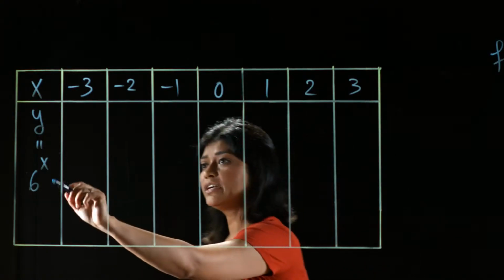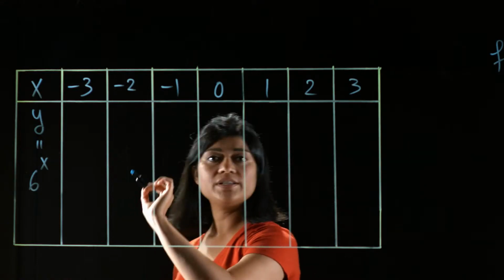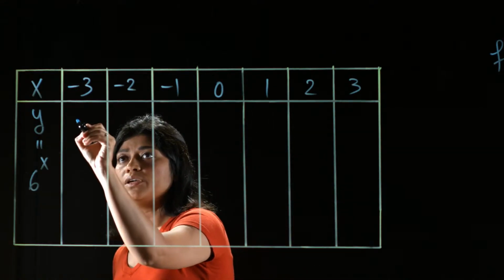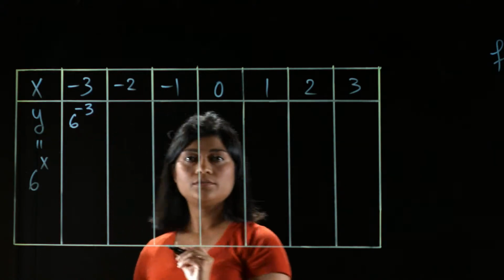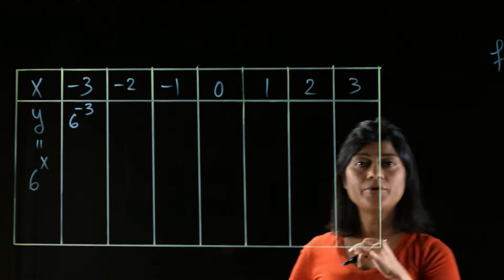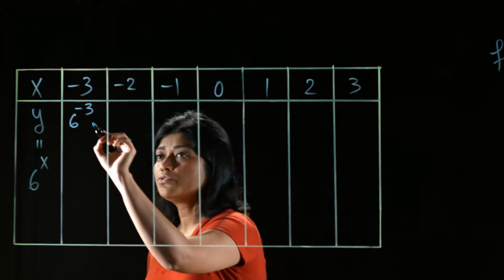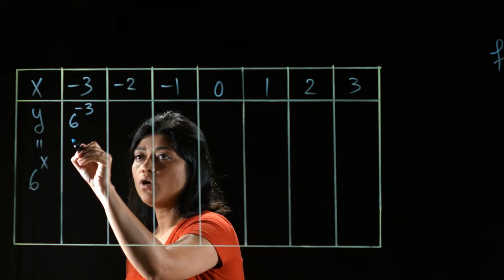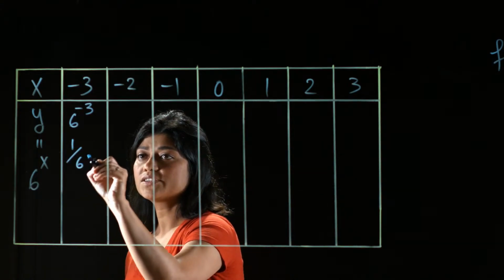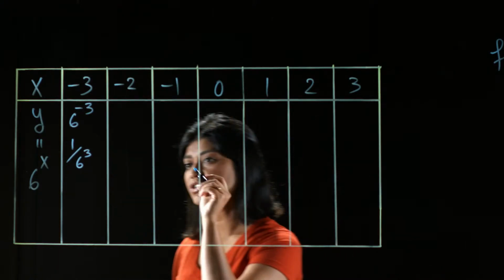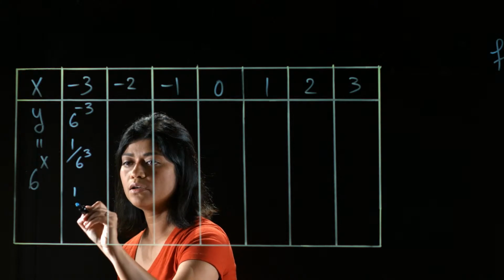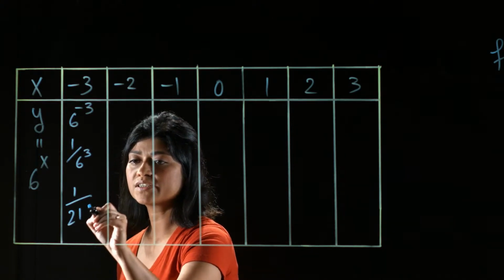So the function is 6 to the x. So for the first point, -3, we want to find 6 to the power -3. Use the property of exponent to rewrite it as 1 over 6 to the 3. And 6 cubed is 216, so this is 1 over 216.